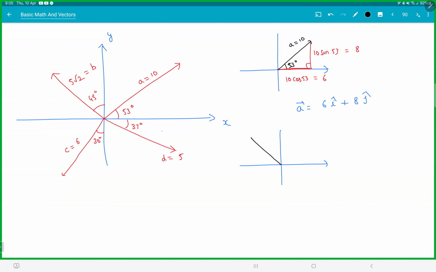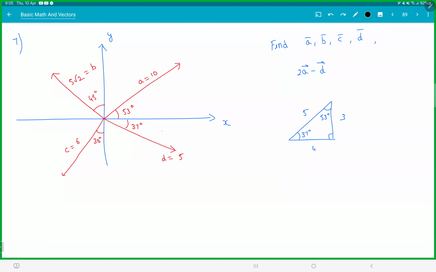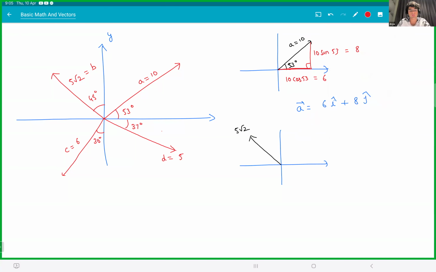This guy is 5 root 2. Sir, at last, what did we need to subtract? 2A minus D. Okay, sir. Now look at the components here. This is 45. I need to go here, so I will go up. Then I'll take a left turn. Isn't this how I go? Now who is adjacent side? Whichever side touches the angle is adjacent side. Keep that simple. Don't worry about x and y and all that. So this will be 5 root 2 cos 45.